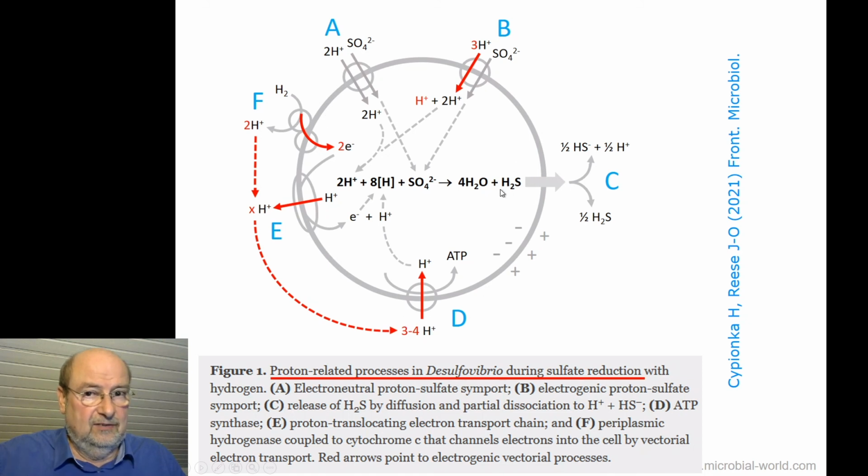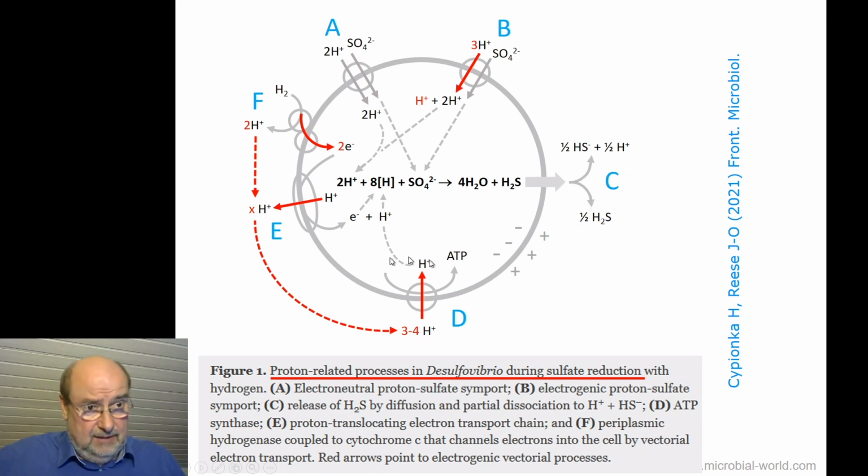This is a gas and neutral and not charged, and it can just leave the cell, and then outside it will dissociate to half H2S and half HS minus plus half proton at pH 7. This is the pK of sulfide to H2S. And that's when we see the release of H2S is going on.